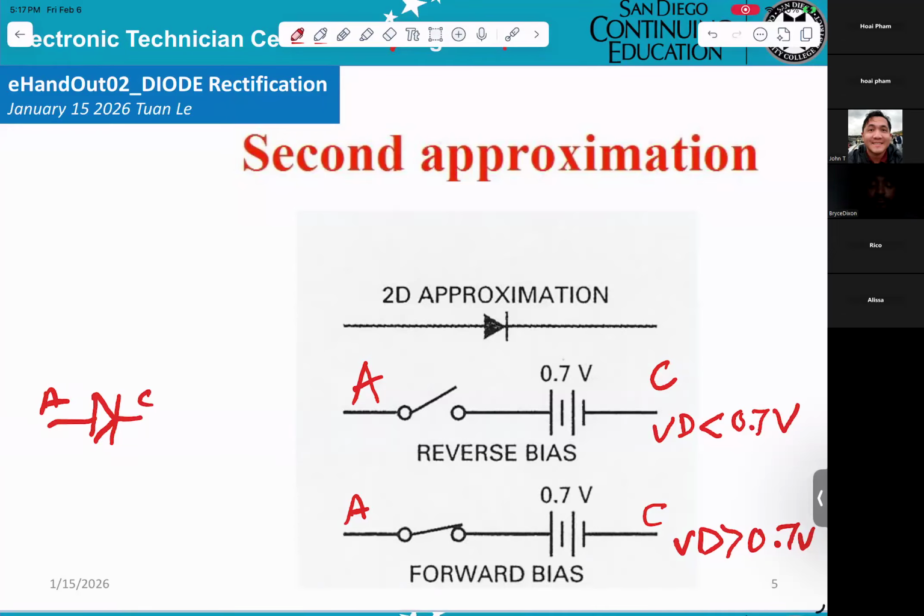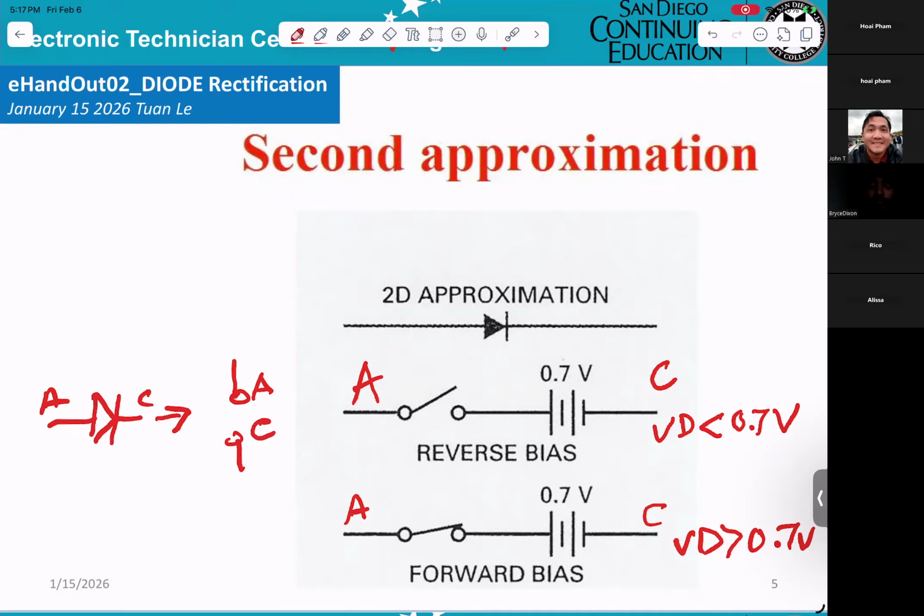When they open, do not keep the diode this way. You have to redraw it here, see here. That means they open.